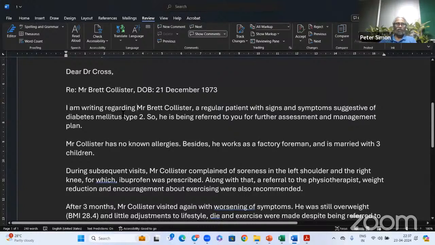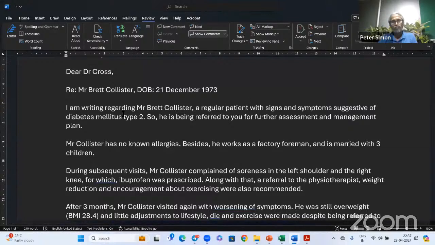I am writing regarding Mr. Brett Collister, a regular patient. Whose regular patient? Your regular patient or his regular patient?